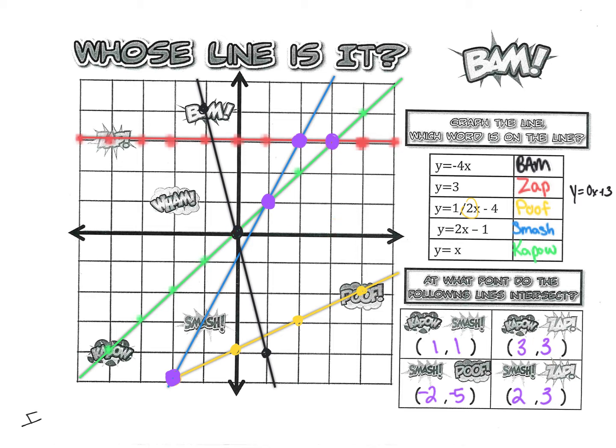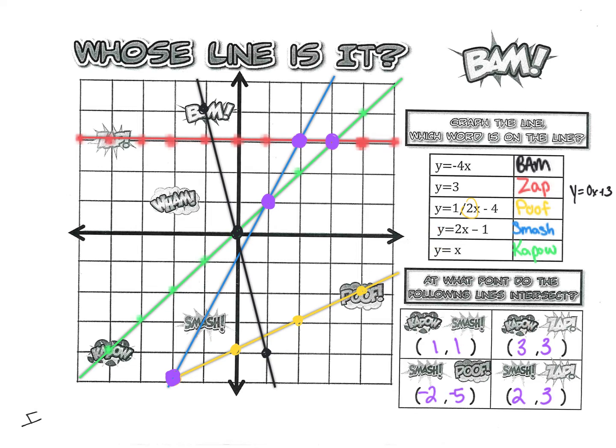Then you do SMASH and POOF, and you go until they intersect right here at (negative 2, negative 5). And then you have SMASH and ZAP. Where's that? There it is. SMASH and ZAP intersect right there at (2, 3). So that's how you get the points down there.